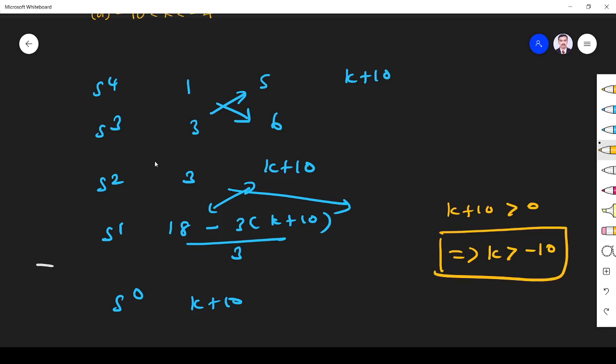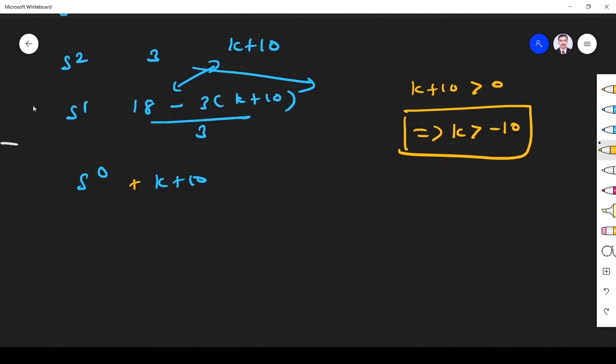There should not be any change in sign if I want the system to be stable. So this number should be positive. Similarly, this one should be positive. So how can we find: 18 minus 3 into k plus 10 should be greater than 0. By 3, that 3 that comes here, it will become 0.